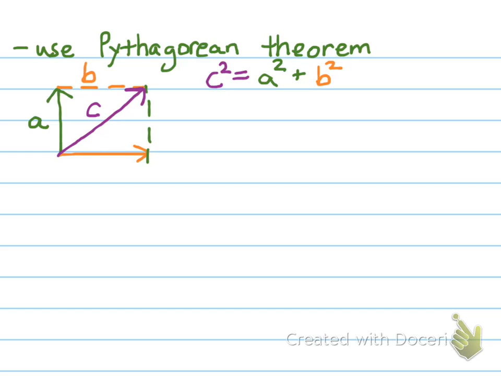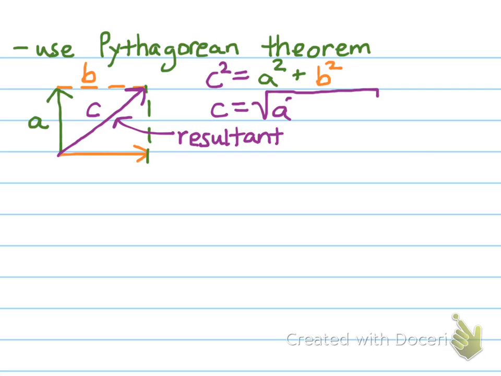So if I'm trying to figure out just that resultant, because remember, in physics this is our resultant, to find C, we're going to take the square root of A squared plus B squared.